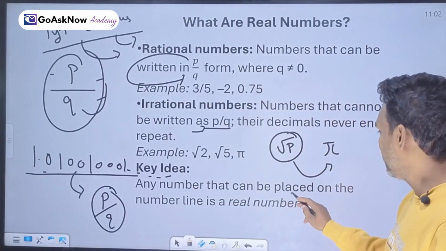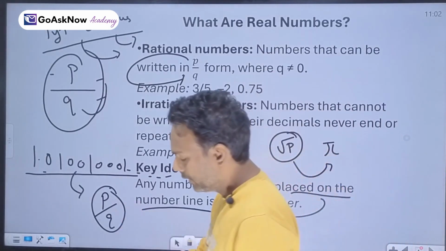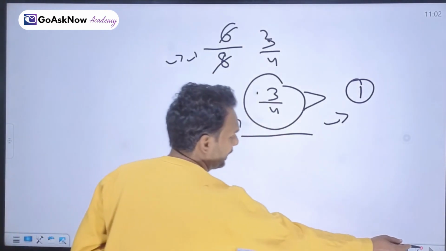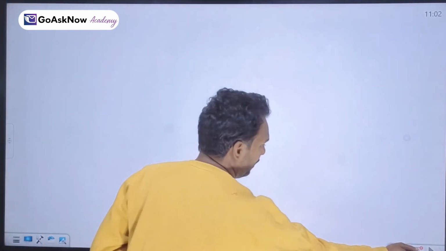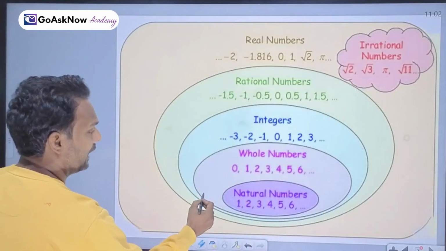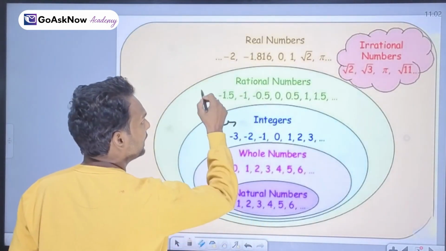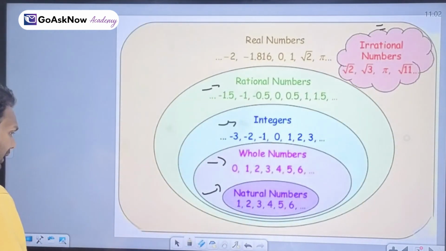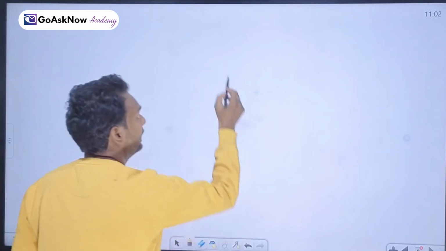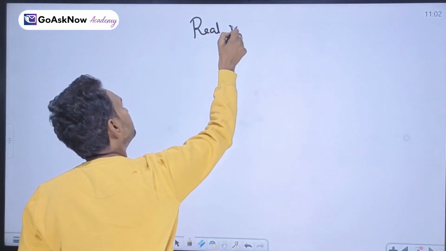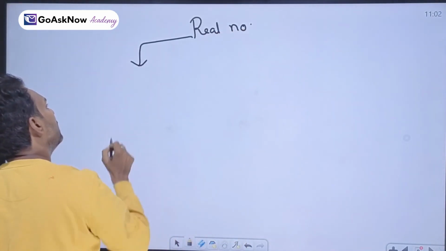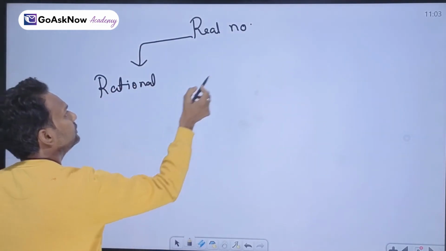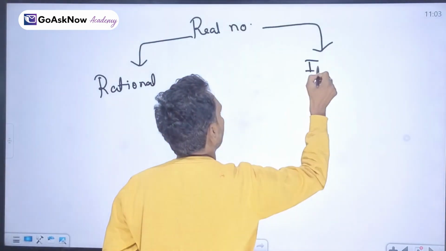So any number that can be placed on the number line is a real number. So we can see that a real number is a combination of natural numbers, whole numbers, integers, rational numbers and irrational numbers. We can also make a tree diagram for it. Real numbers have rational numbers on one side and irrational numbers on the other side.